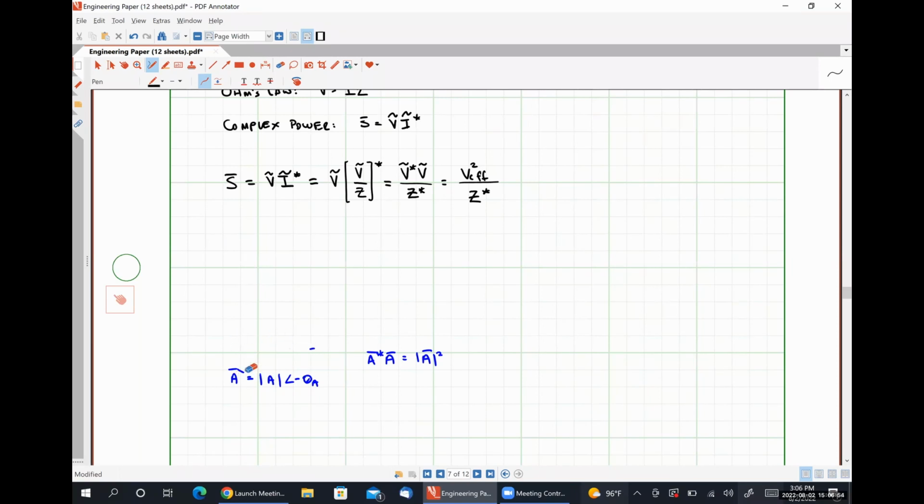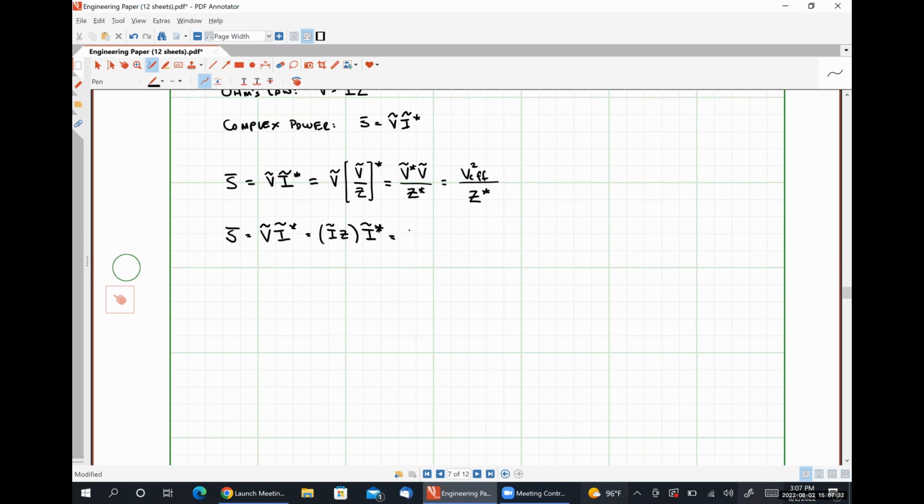We can do a similar derivation for expressing things only in terms of our current. So S would be equal to V times I conjugate. V is simply I times Z multiplied by I conjugate.